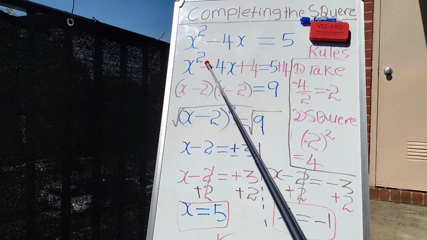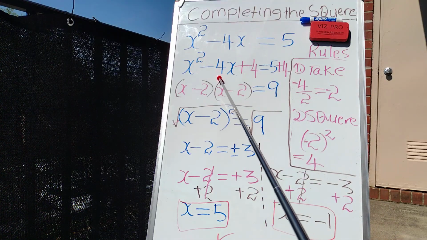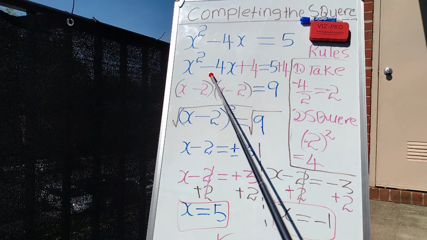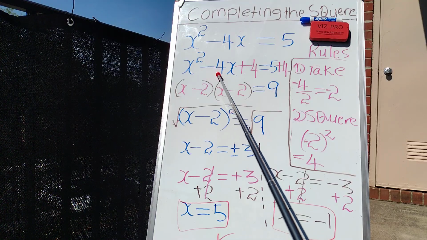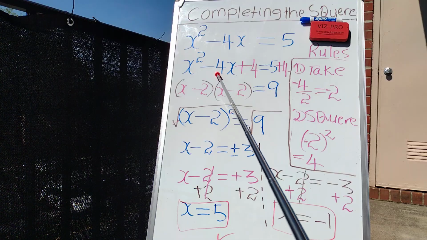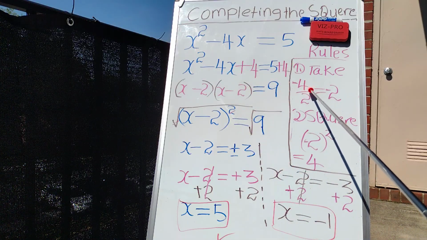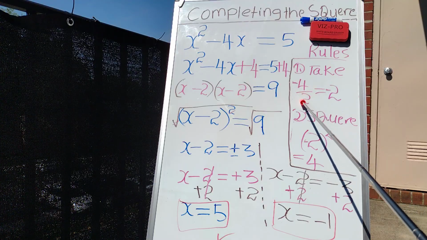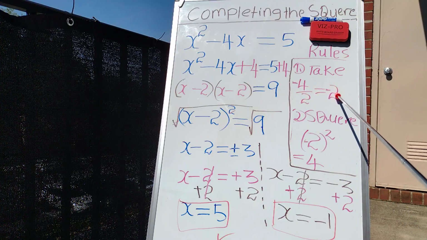Now we are going to target the second number, which is negative 4. We are going to divide negative 4 by 2, which is negative 2.